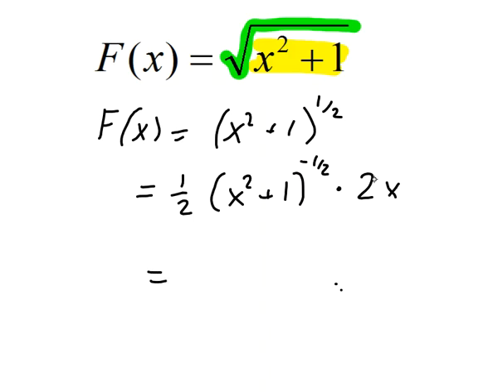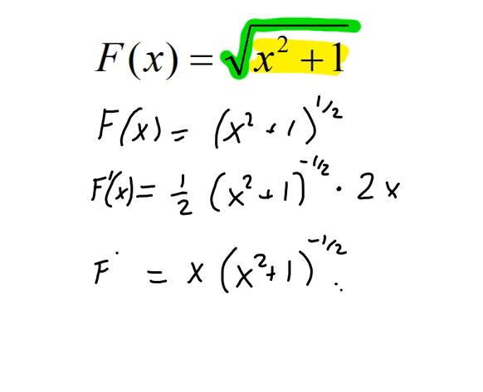Not a lot of simplifying, just the 1/2 and the 2 cancel to get (x squared plus 1) to the negative 1/2. This is f prime of x. You could, as an alternate, rewrite it as f prime of x is equal to x over (x squared plus 1) to the 1/2.